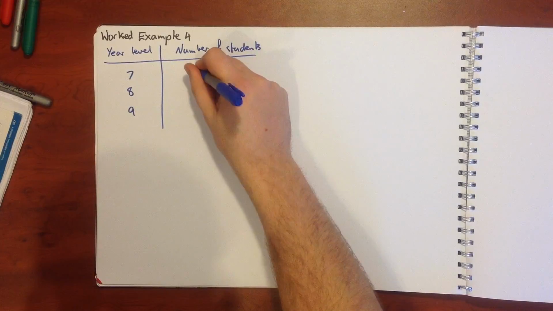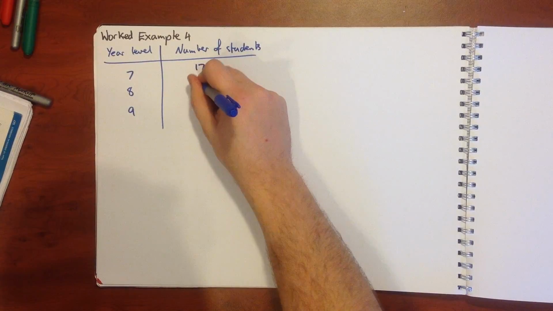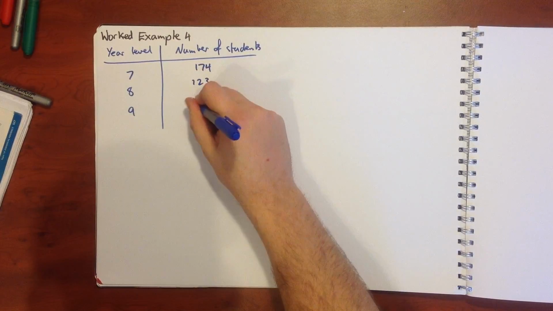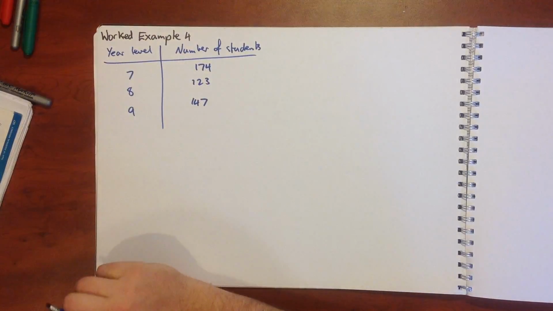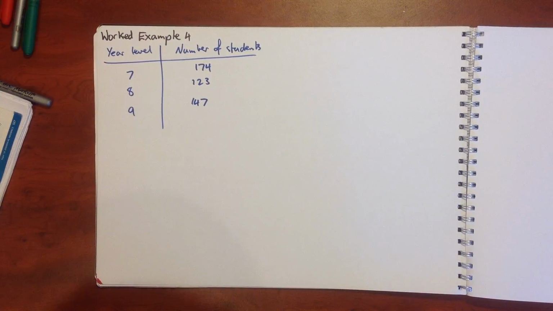Number of students are 174, 123, and 147. It is believed that students in different year levels may respond differently, so the sample chosen should reflect the subgroups in the population. That is, it should be a stratified random sample. If a sample of 100 students is required, determine how many from each year group should be selected.